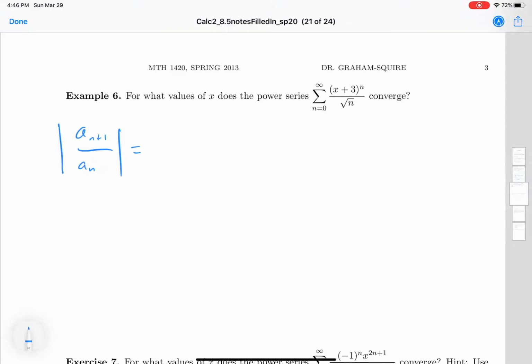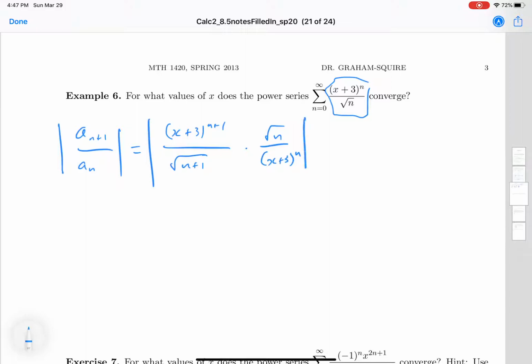Well, it's this thing right here, except everywhere that I see an n, I'm going to put an n plus 1. And this will be the square root of n plus 1. And then I would divide that by a sub n, but instead I'm going to multiply by the reciprocal, just like we saw with the ratio test. So that'll be the square root of n and an x plus 3 to the n, and this is all absolute valued.